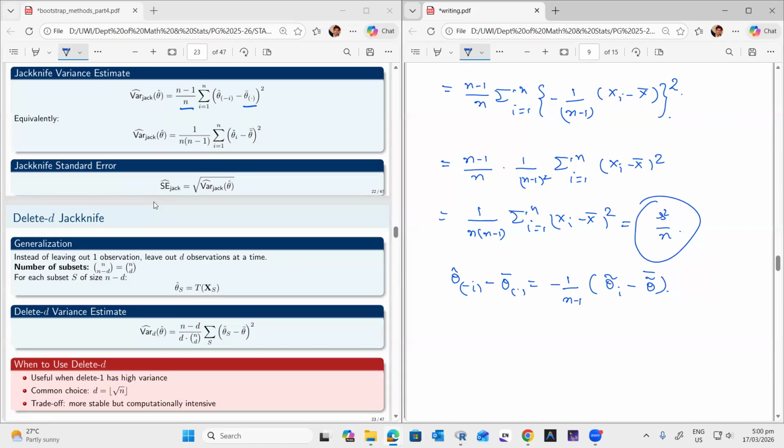The standard delete-one jackknife omits one observation at a time, yielding n replicates. However, for certain statistics or data structures, this may not provide a consistent variance estimate. So by deleting d observations, where d is greater than or equal to 1 and less than or equal to n, we create subsamples of size n minus d.